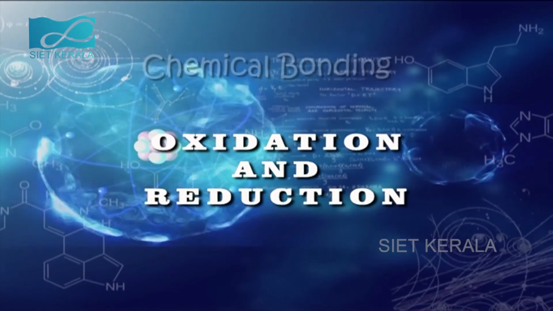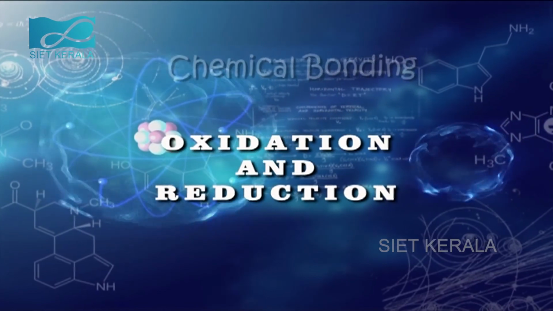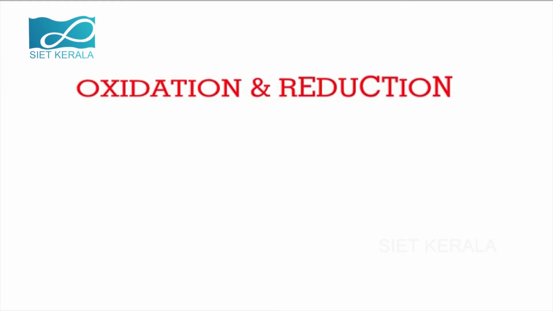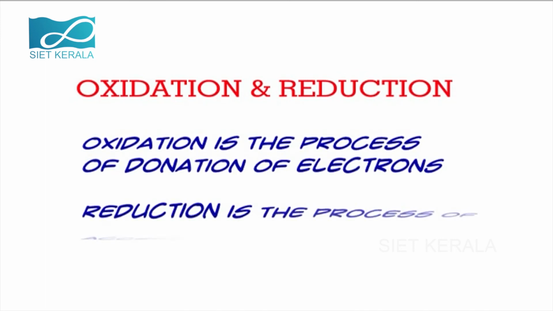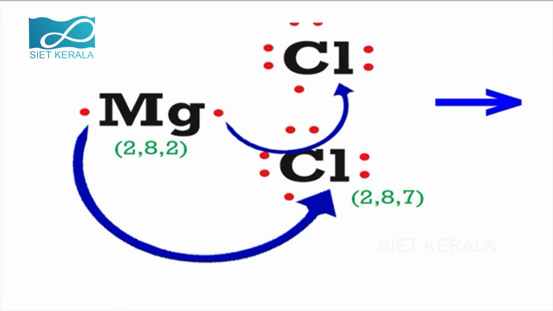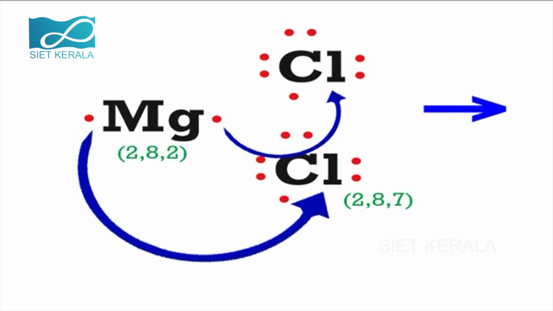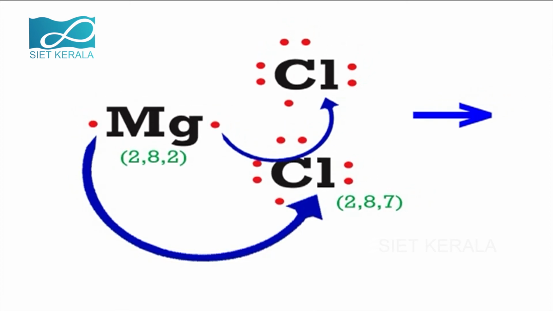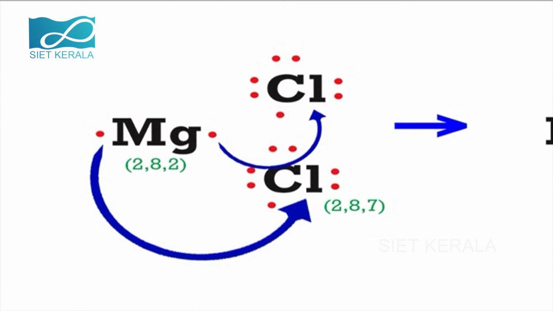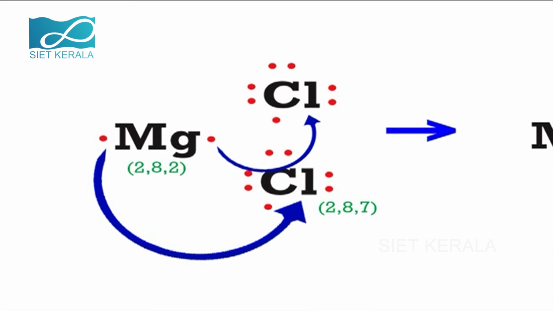Oxidation and reduction. Oxidation is the process of donation of electrons, and reduction is the process of accepting electrons. Let us see the magnesium chloride formation. Magnesium has an electronic configuration of 2, 8, 2, and chlorine has 2, 8, 7.